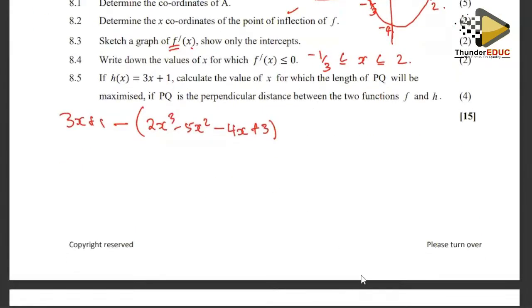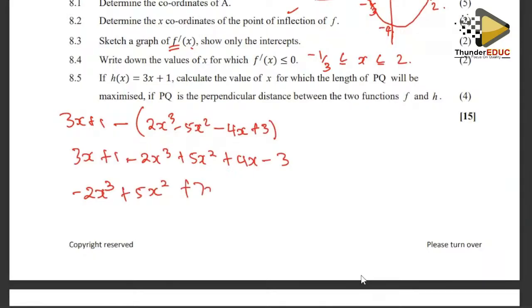All right, then open up: 3x plus 1 minus 2x cubed plus 5x squared plus 4x minus 3. And like terms, we just collect them. So 5x squared is going to be 7x minus 2.